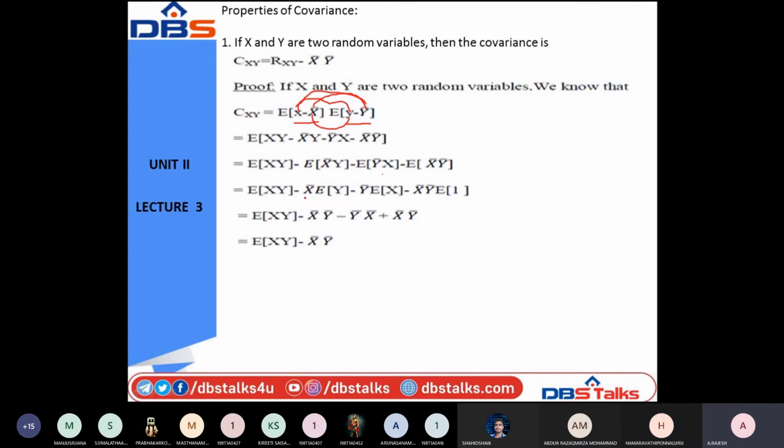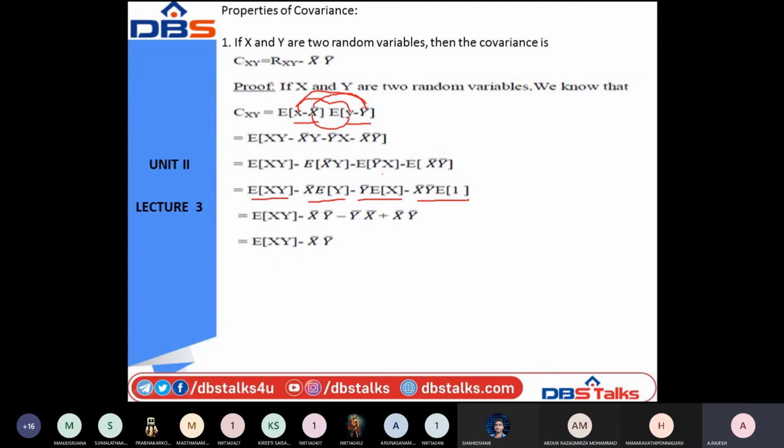We know from the previous slide that it is e of xy minus x complement into e of y minus y complement into e of x minus x complement y complement into e of 1.